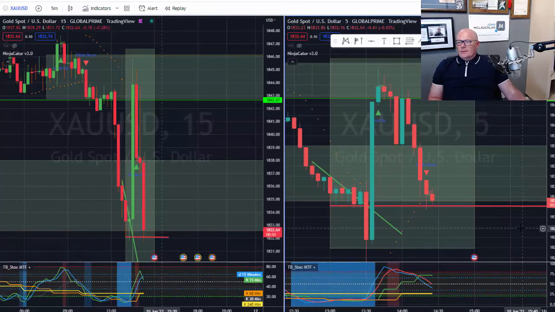So again, still touching this particular line here, the trend line. We've got 46 seconds left on the 5-minute time frame and on the 15-minute time frame. So we'll see what happens.